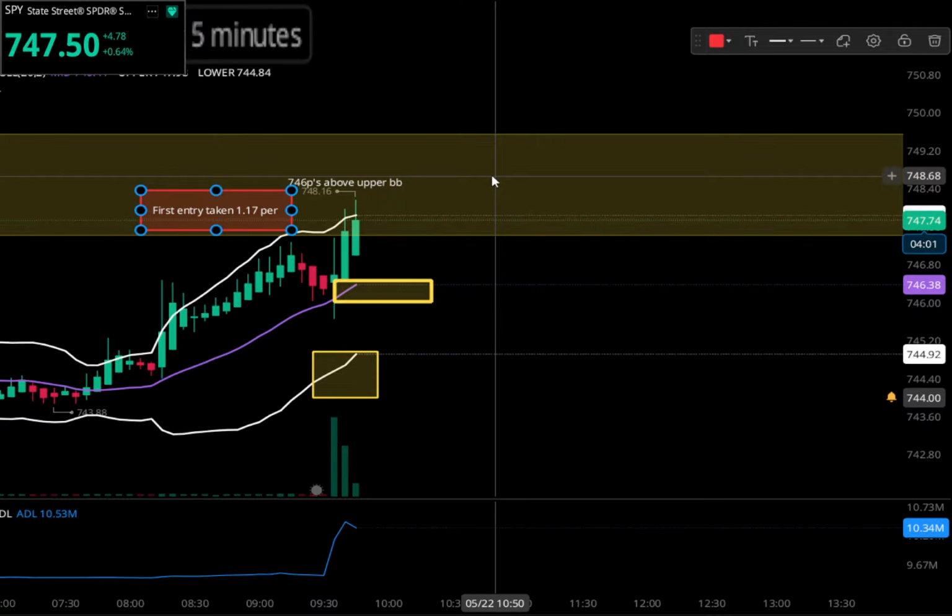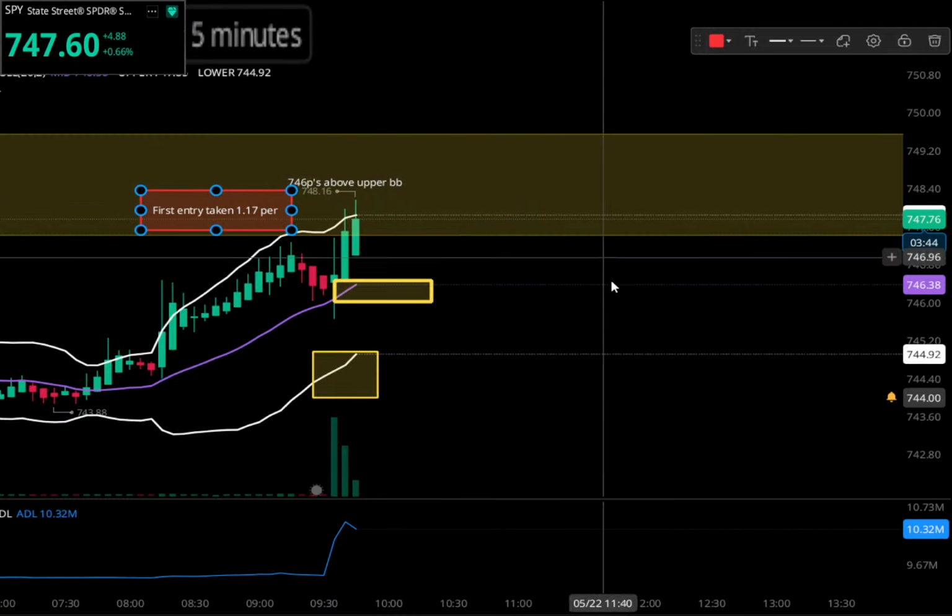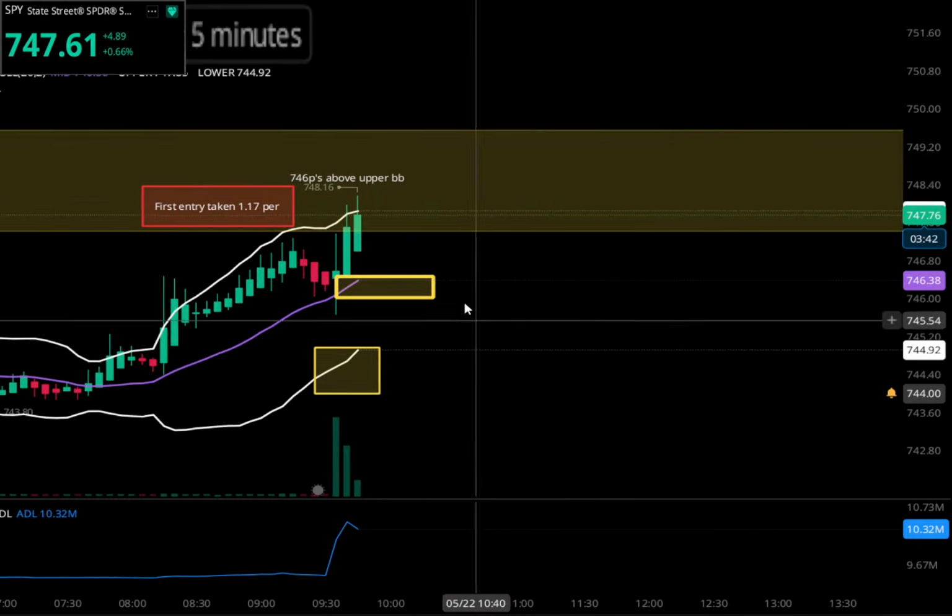And again, I have it set to where at least 60% of these contracts are being taken. So since I only have 4 contracts right now, that means I have to set 3 contracts to that sell level, with a single contract as a runner if there's room to run.